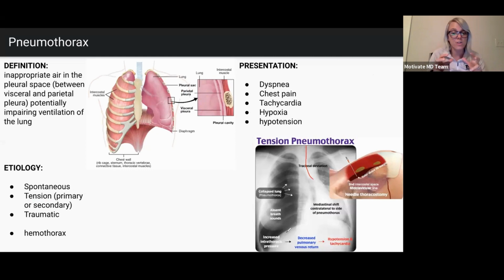There's so much pressure that we're getting decreased pulmonary return. We're getting a shift of the heart and the trachea to the opposite side. And because of that increased pressure, we're getting decreased blood returning to the superior vena cava. As a result, we get hypotension.